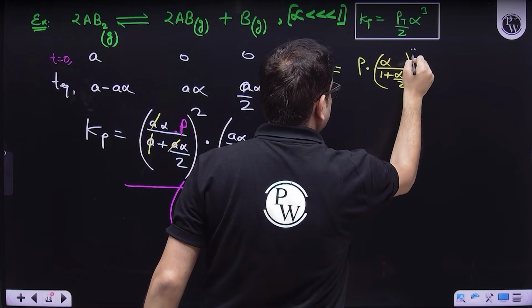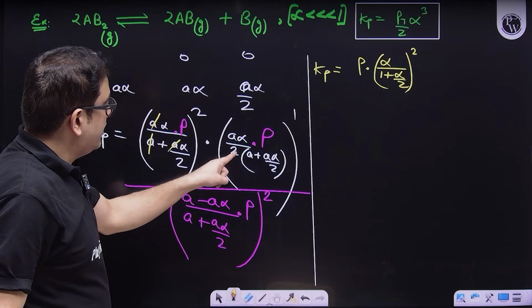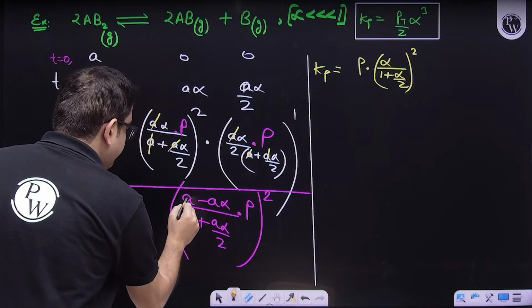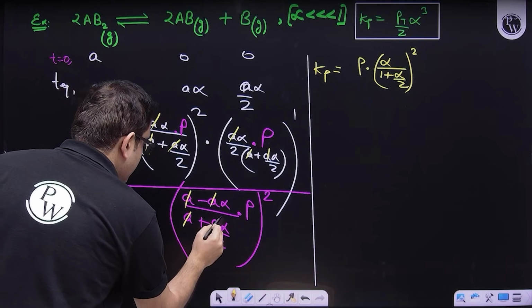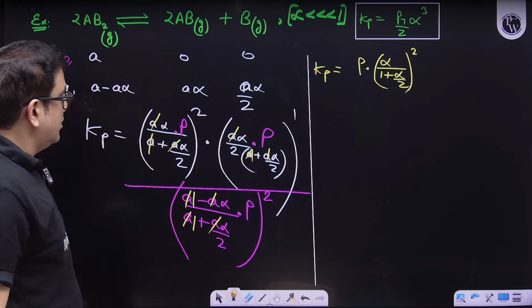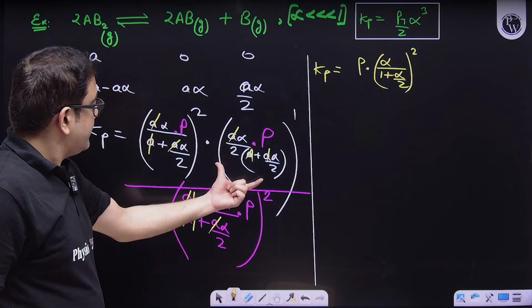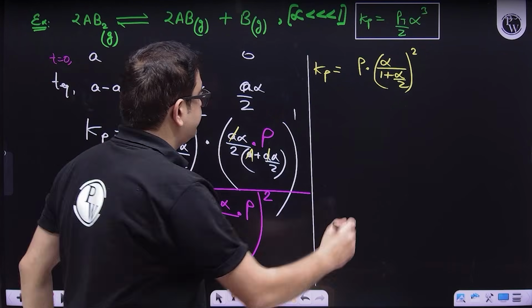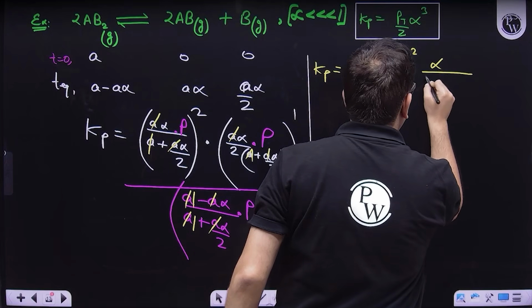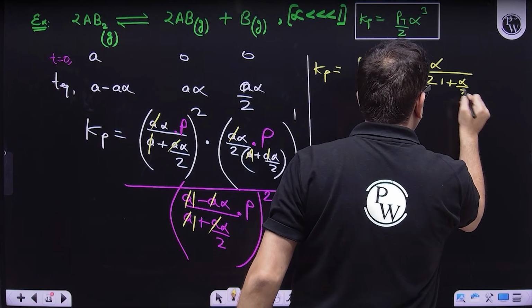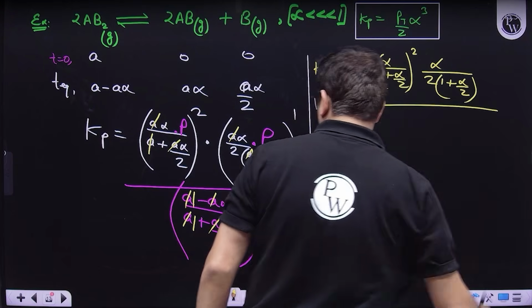So alpha square of it. Over here, A again got cancelled. A will get cancelled from everywhere. A factor you will not see. So this will become 1, this will become 1. So what is this value, sir? P, we have accounted, alpha by 2 into 1 plus alpha by 2, whole upon.